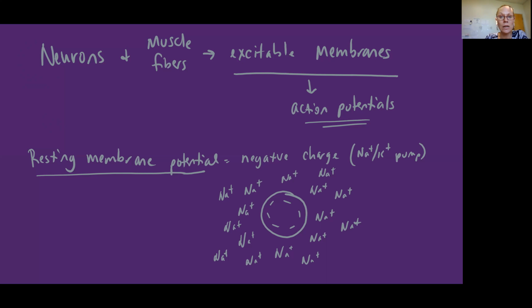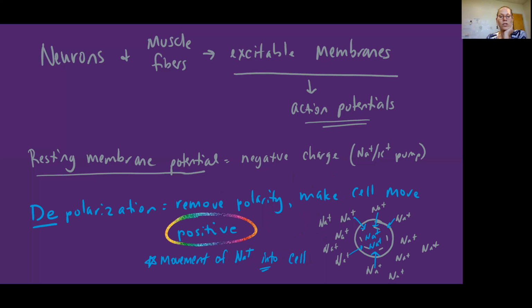So when we measure it, we have a slight positive charge on the outside and a negative charge on the inside. So we can describe this as being polarized. There's a positive outside and a negative inside. Remember, polarity is talking about opposite ends. Then we have this term called depolarization. Depolarization means remove the polarity, remove that opposite charge.